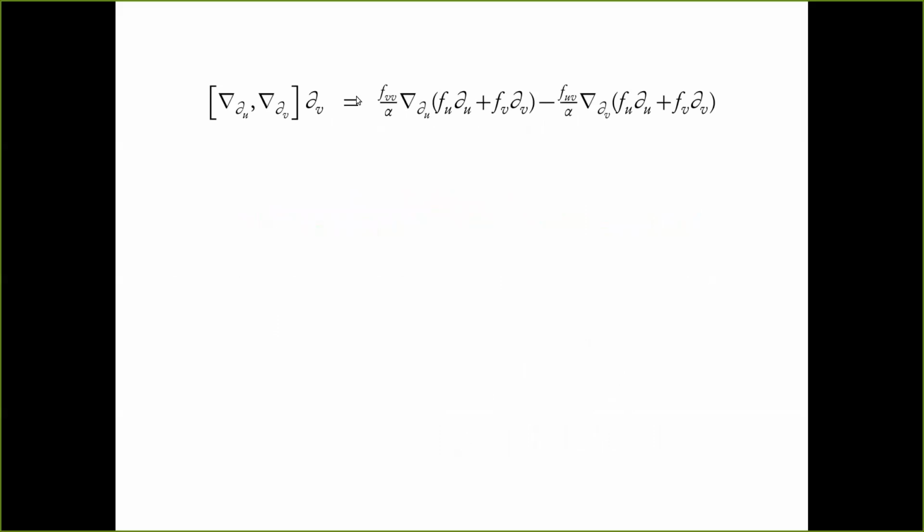So this is what we had. The commutator, which we want to check whether it's zero or non-zero, acting on the vector del by del v, is going to be f_vv over alpha, nabla del u acting on xi, minus, this is the same kind of term coming from the second term, f_uv over alpha, nabla del v of xi.